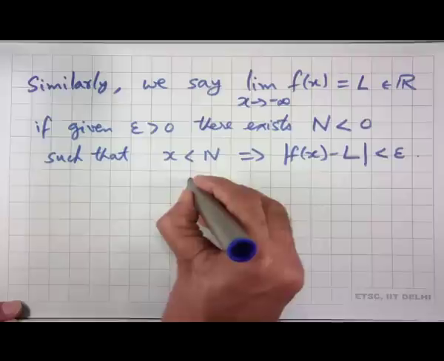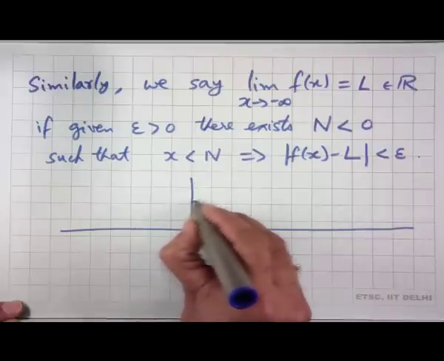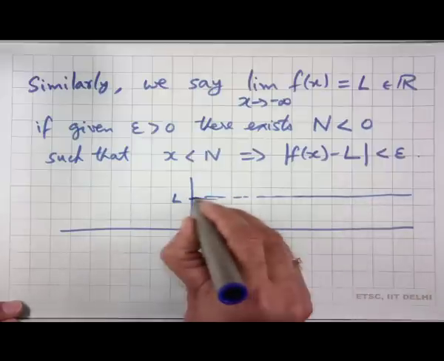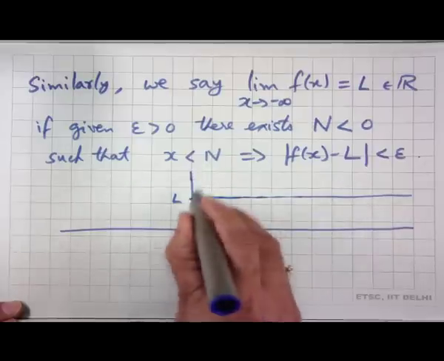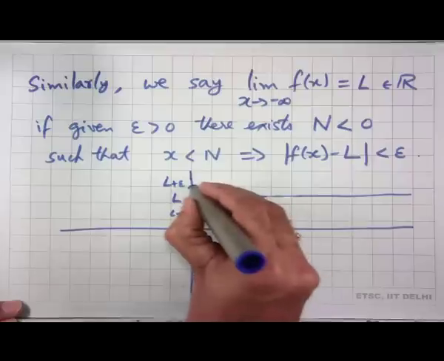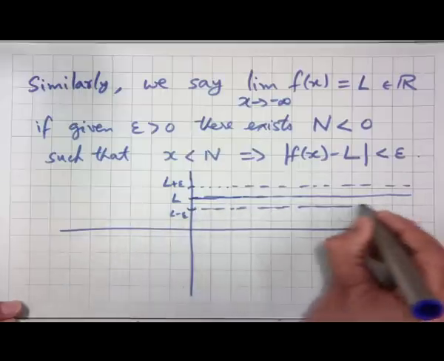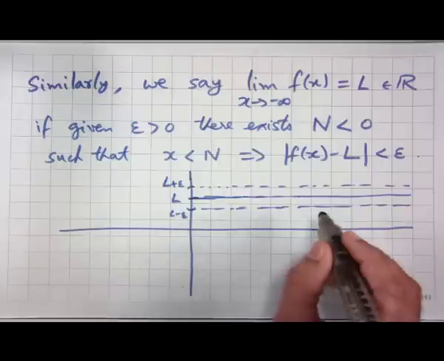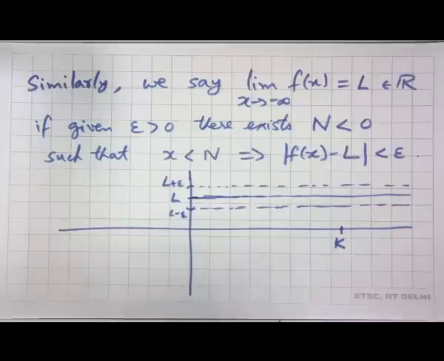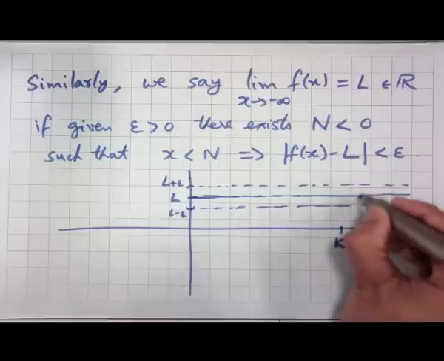Right. So, the picture looks like this. Suppose we have some L here, this is our y equal to L, and then if I choose any epsilon and take L minus epsilon to L plus epsilon, we would say that the limit of f of x at infinity is equal to L provided there exists some k here such that whenever x is bigger than k, f of x should be between L minus epsilon and L plus epsilon.